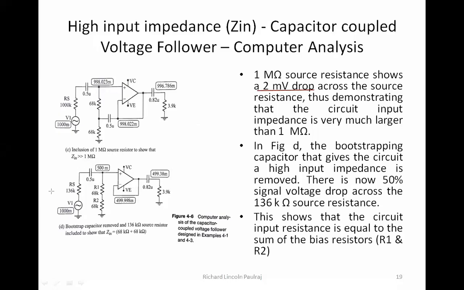Okay, so now let us come to figure D here, where we are looking at R1, R2, and of course RS is there retained, V1 is also retained, 0.5 is there. I have an op-amp plus VC minus V, and I have my load and the output coupling capacitor.